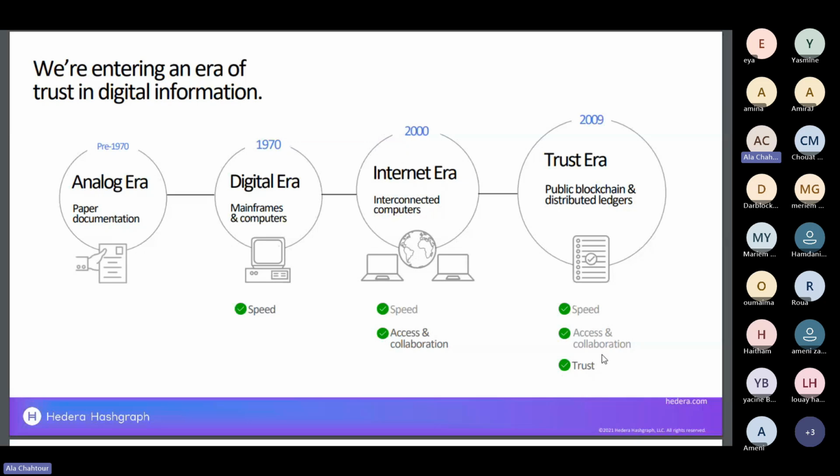One of the examples in the internet era is Facebook or Instagram. Our information and data on Facebook and Instagram are not technically ours. They technically own our data.